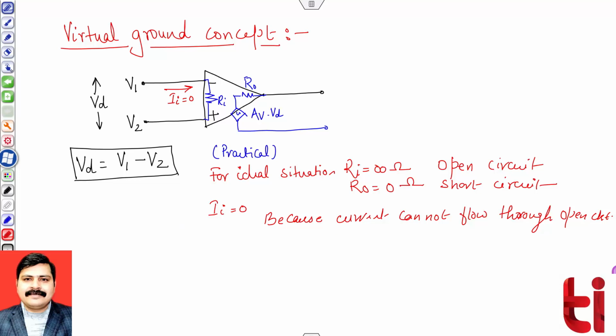And if you can recall, we have discussed in the characteristics of the ideal operational amplifier that my voltage gain AV equals infinity.